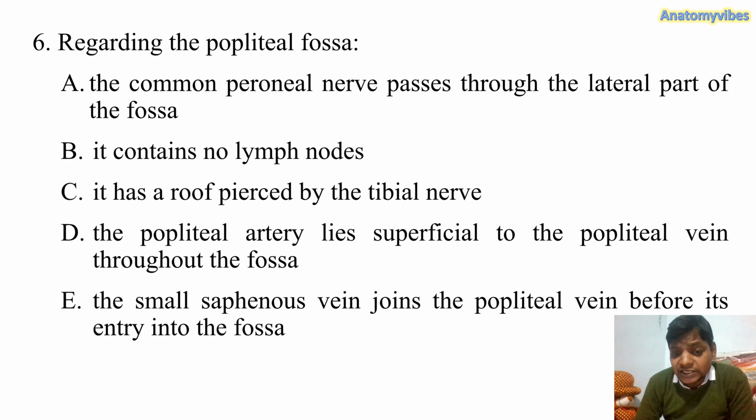Popliteal artery is deep, so this is incorrect. Small saphenous vein joins the popliteal vein before its entry? No, after it enters the fossa, then it will join. So the easiest option is that the common peroneal nerve passes through the lateral part of the fossa.